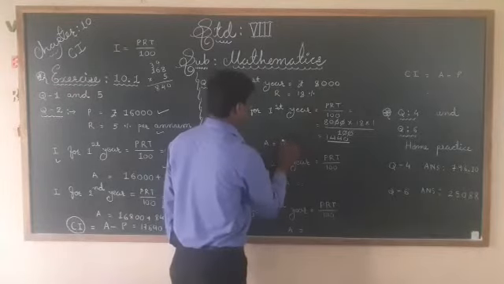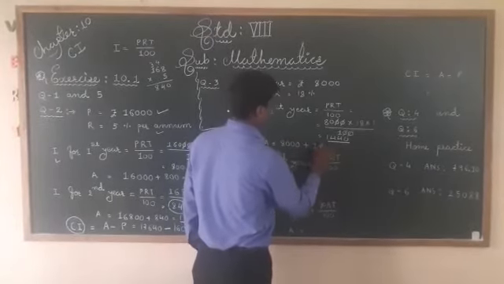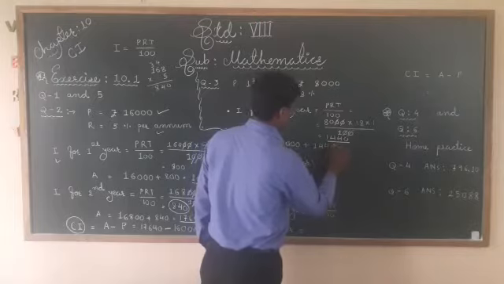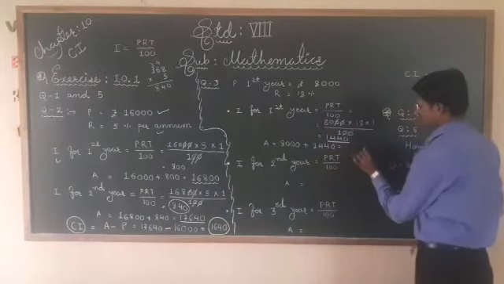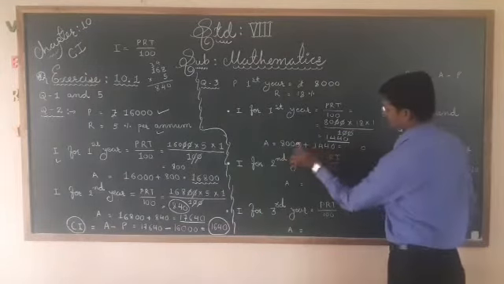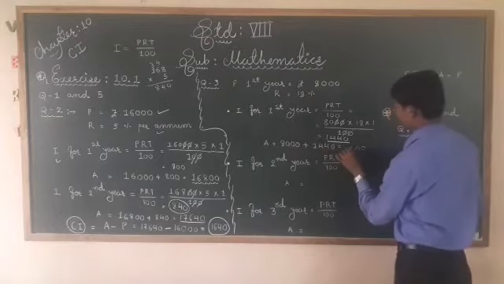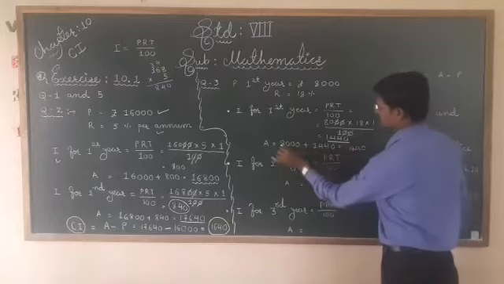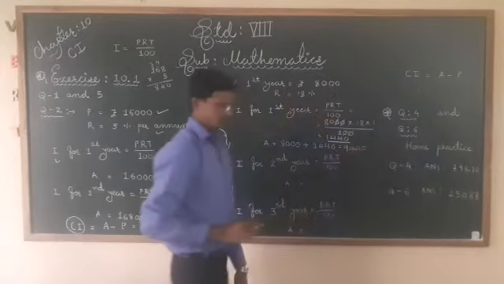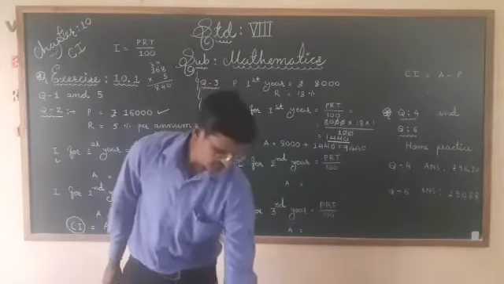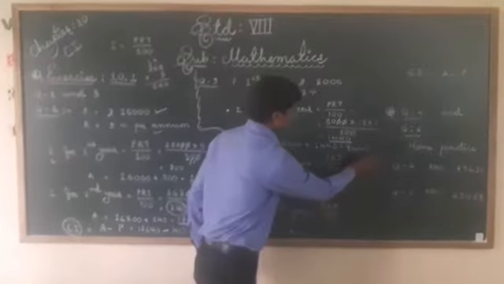Total amount is 8,000 principal and first year interest 1,440. If you do addition, you will get 0, 0 here, 4 plus 0 is 4, then 4 plus 0 is 4, and 1 plus 8 is 9. So it is 9,440. So the total amount for the first year is 9,440.